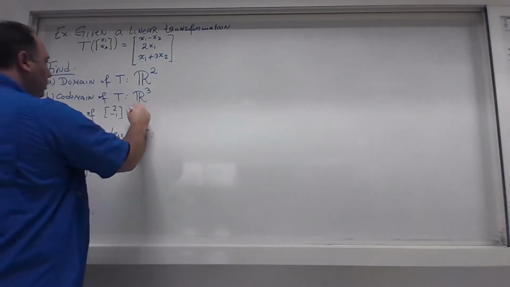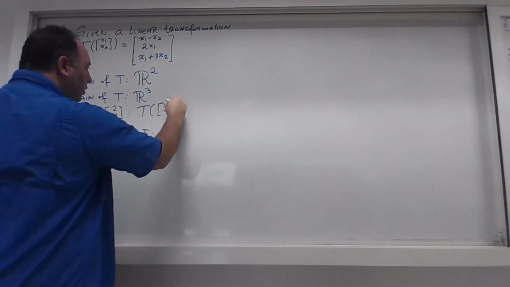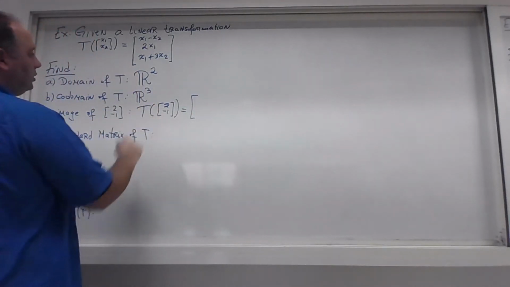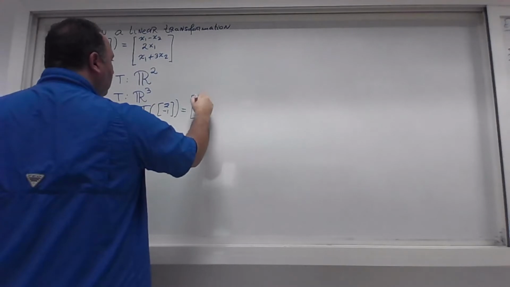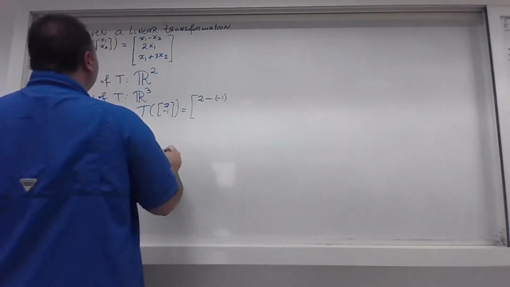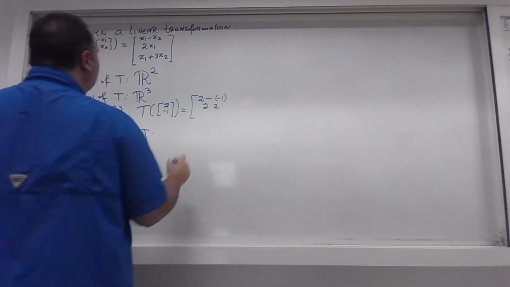Well, that's easy. Just plug it in. 2, -1. So x1 is 2, x2 is -1. So I have 2 minus 1. Then I have 2 times 2.